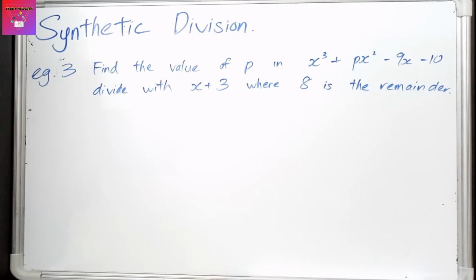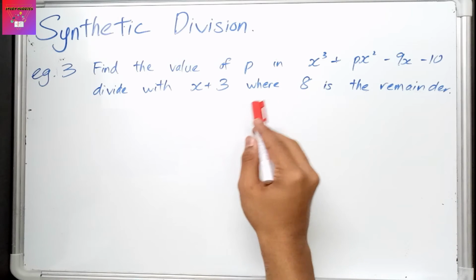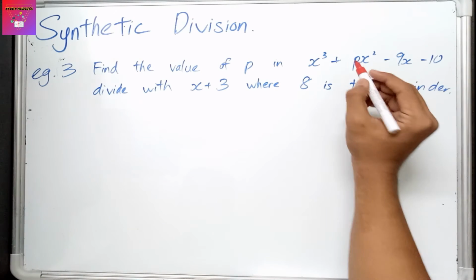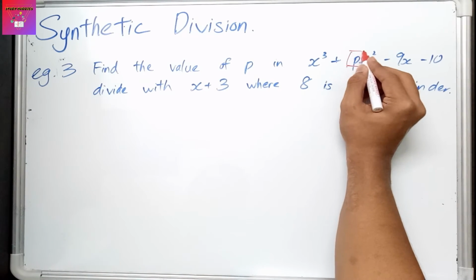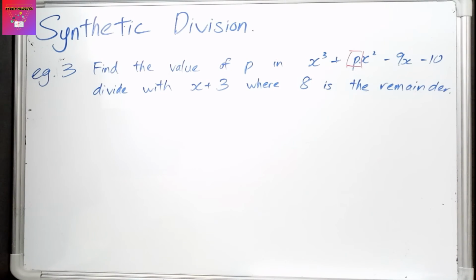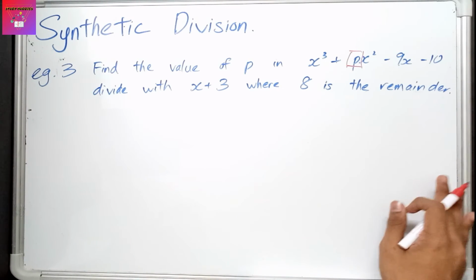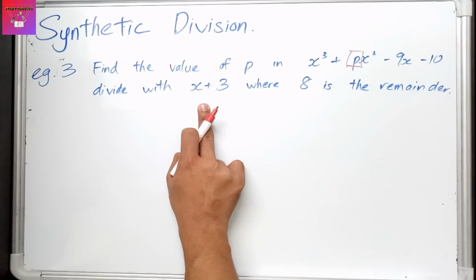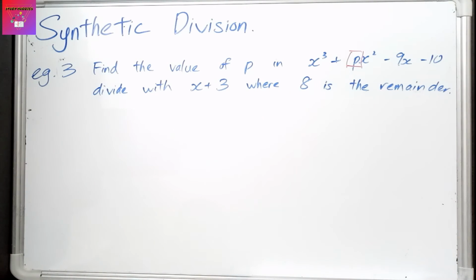So now let's take a look at this example. Find the value of p in the equation x cubed plus px squared minus 9x minus 10 divided by x plus 3, where 8 is the remainder.